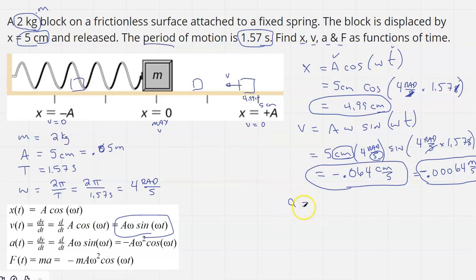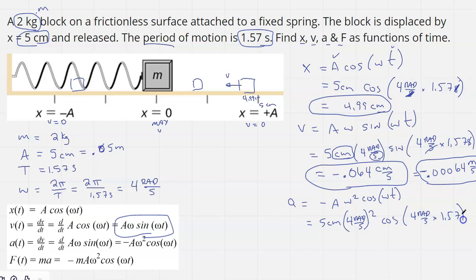All right, real quick here. The acceleration is negative a omega squared cosine omega t. And we get busy and run the numbers again. I think you can see there's nothing too bad about this once you get the hang of it. You put your cosine of 4 radians per second times 1.57 seconds.